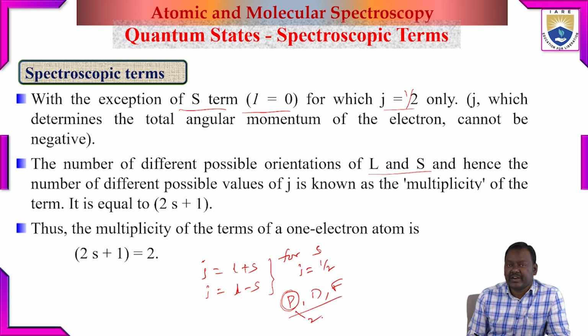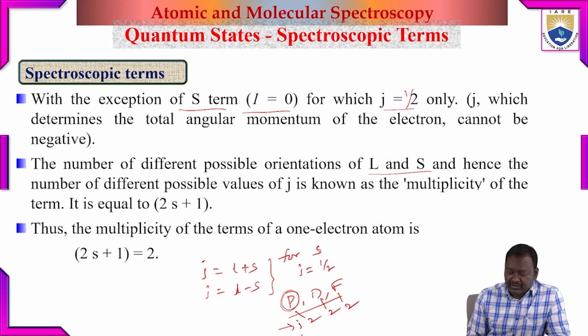That means splitting can be in two sublevels, and D also two, F also two. That means J can have two values.